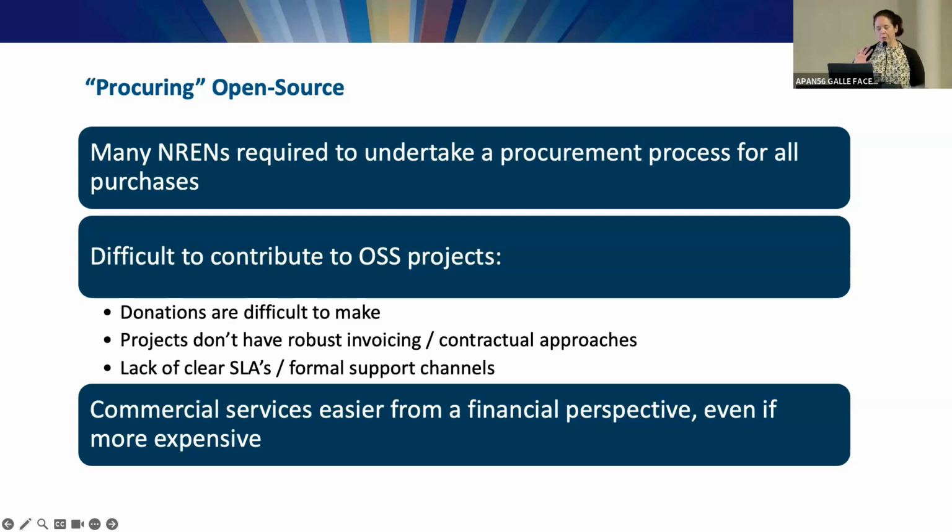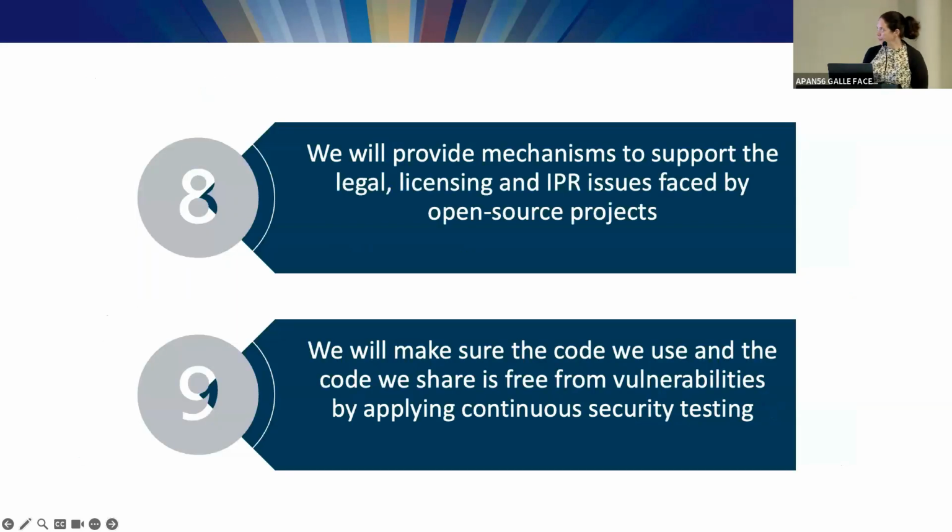And this is something we're really going to be focusing on in the EC over the next year or so, because we want to find solutions for our NRENs to free them up and enable them to use more open source software. So we're moving forward to the last few points now. Points 8 and 9 focus more on processes.